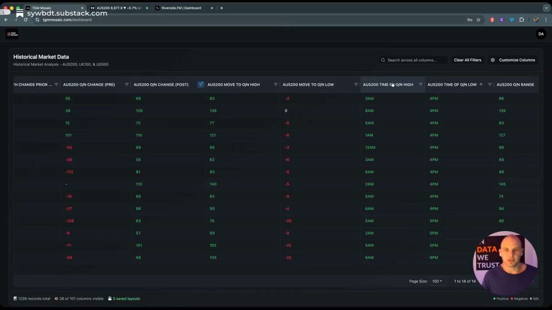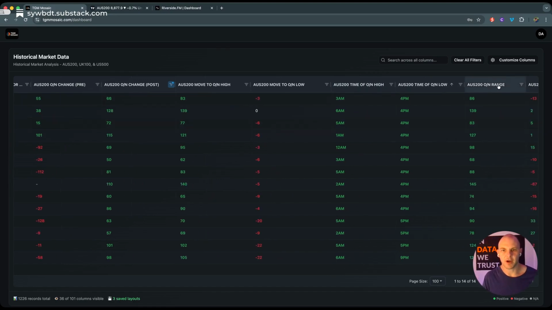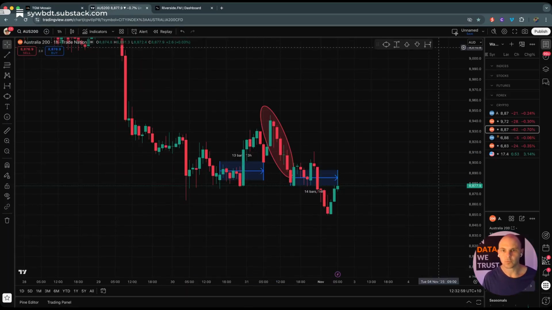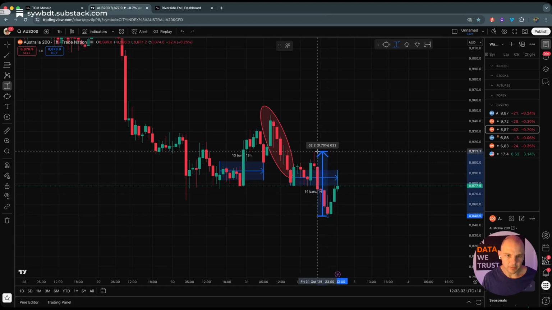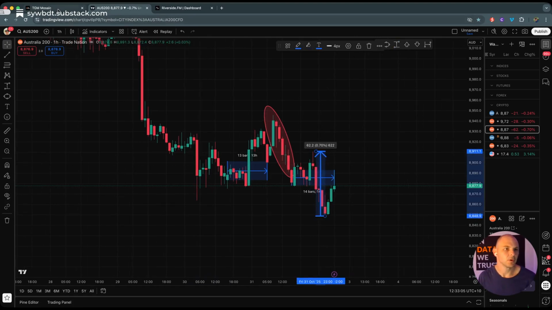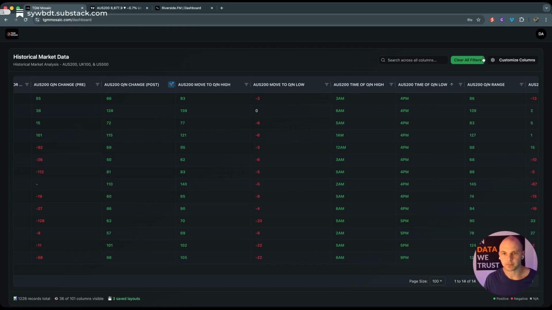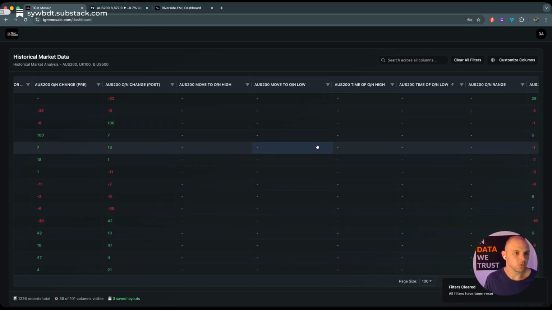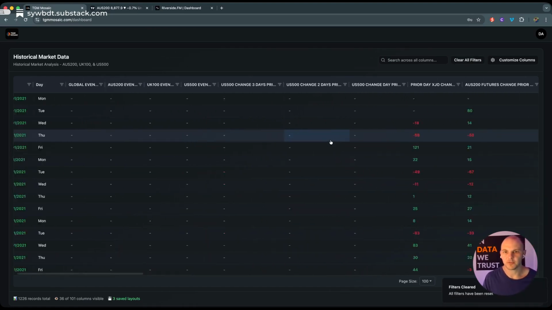And as I just mentioned, time of overnight high, time of overnight low. The overnight range is simply the difference between these two. Okay, so the range would be 62.